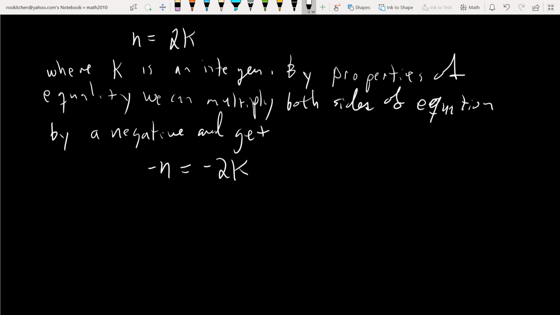All right, our end goal is to try to show that this negative n is equal to 2 times something, right? And we could now pull that off.